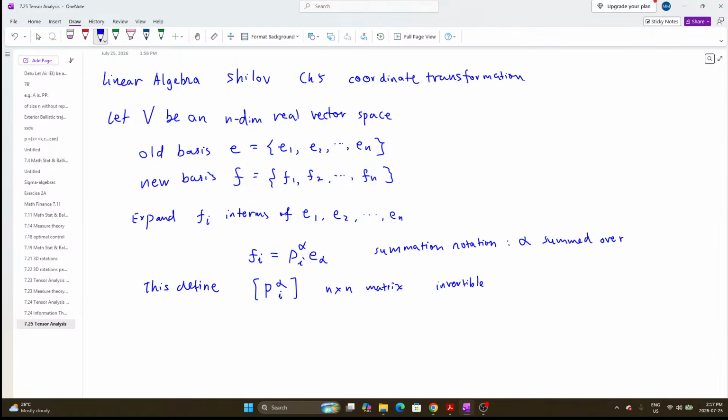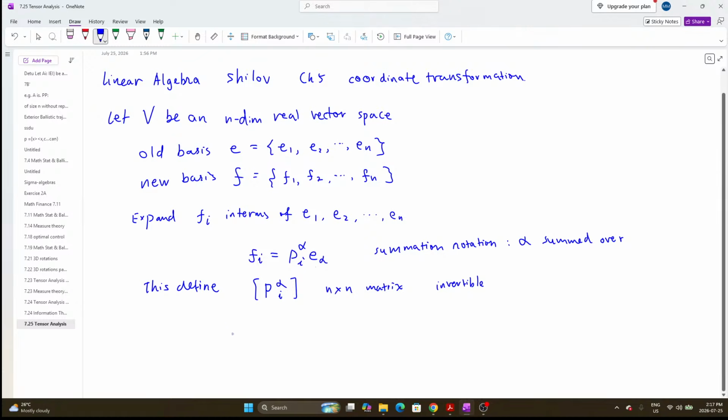So let's do that as well. How can I get E from F? You need the inverse transformation, the inverse basis.